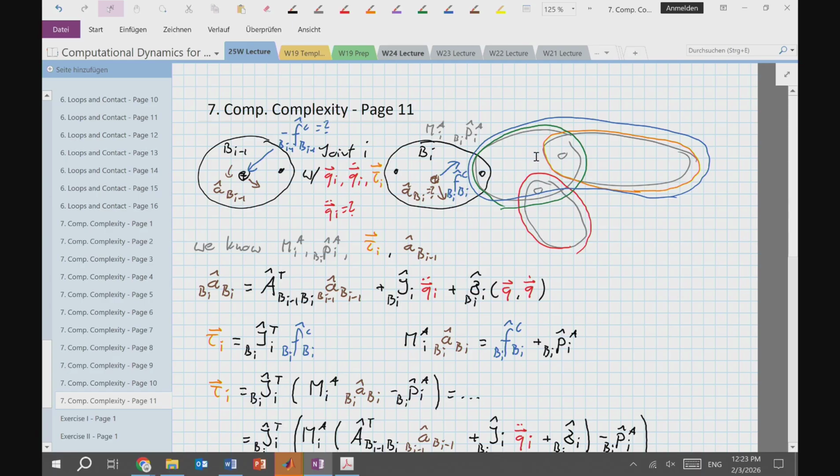And if I have done that, I can now compute the articulated inertia of the entire subtree with this body as its handle. And this is what I would call BI, or in this case, BI plus 1.